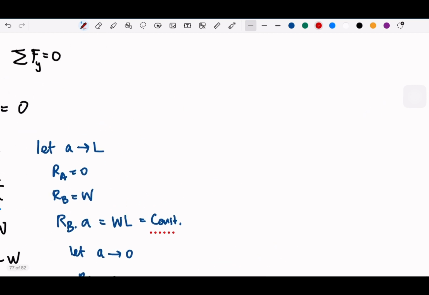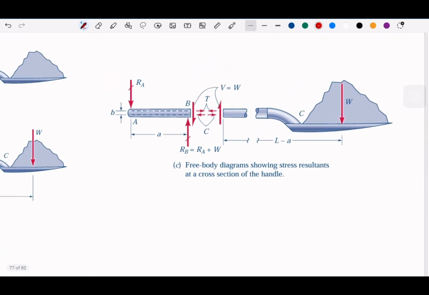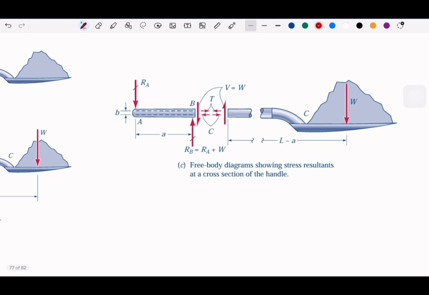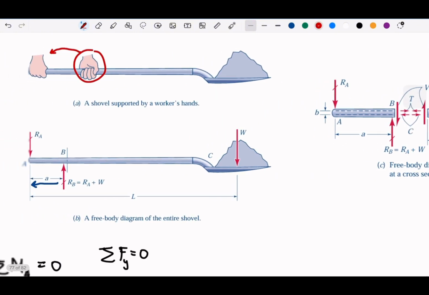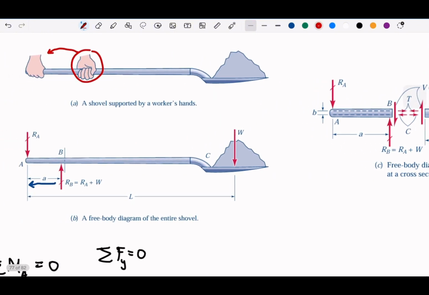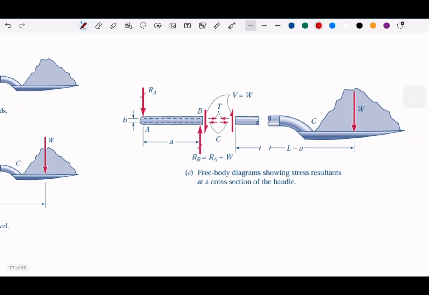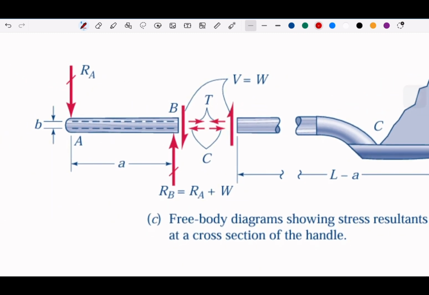Then the third part: we can try to cut and slice some of the components. Since we have points A, B, C, we slice at B. Then we have the internal forces.